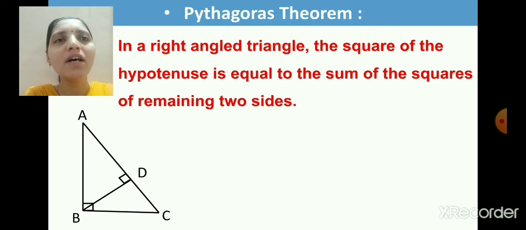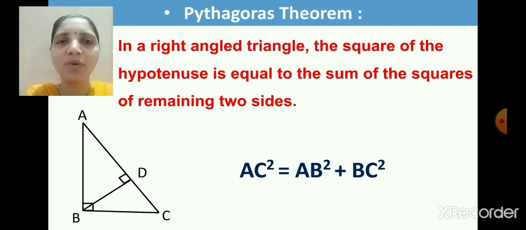Now let's see the Pythagoras theorem, which states that in a right angle triangle, the square of the hypotenuse is equal to the sum of the squares of the remaining 2 sides. So here I have considered triangle ABC and BD is the perpendicular. Angle B is 90 degree. So what will you get here?